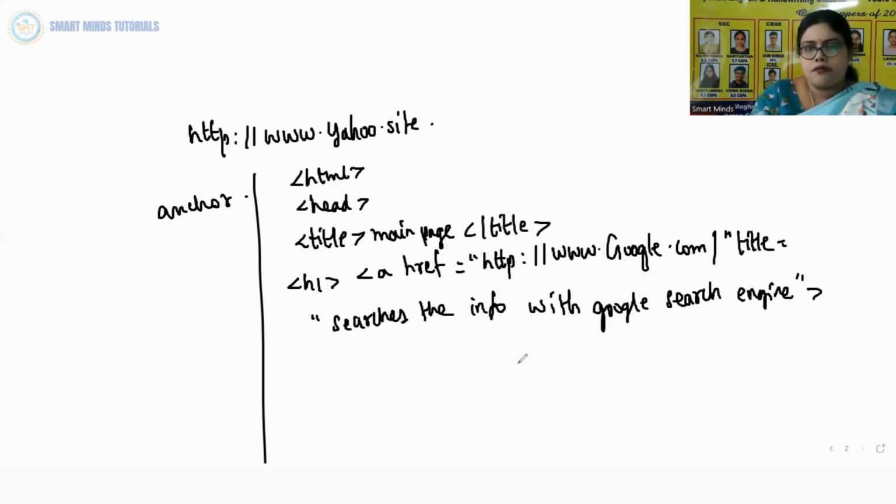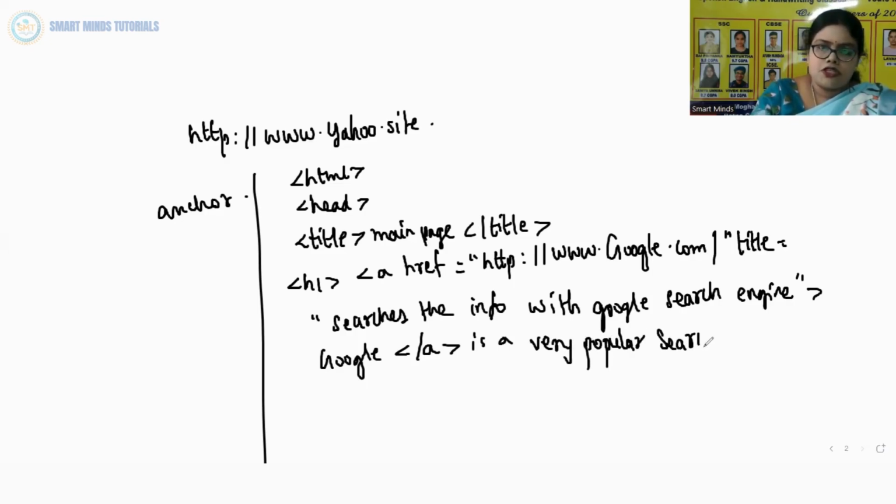Quotations close. Now Google, close tag A, is a very popular search engine. Close H1. Now you close the body tag and you close the HTML tag.